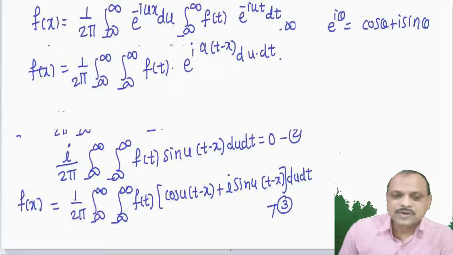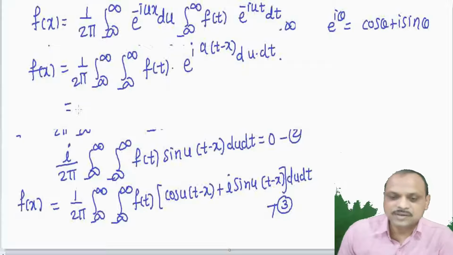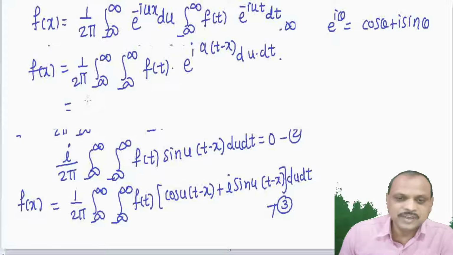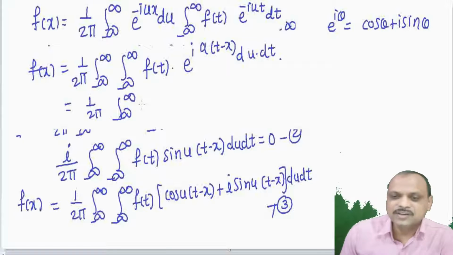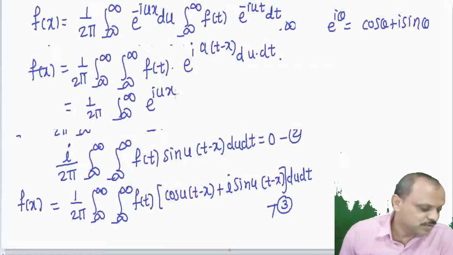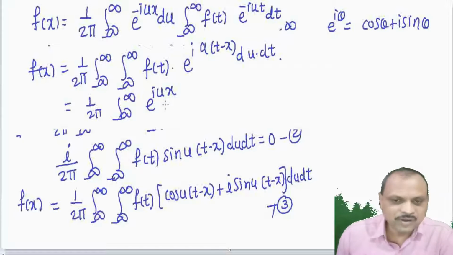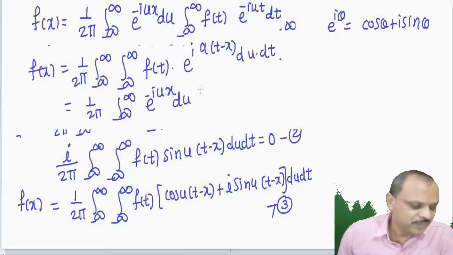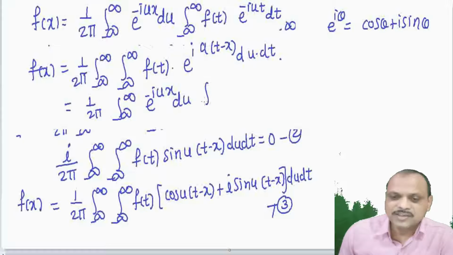right? So now we can write it as 1 divided by 2 pi integration minus infinity to plus infinity, separating the terms of u, e raised to i u x, e raised to i u x with minus sign into du, and what is remaining here, integration minus infinity to plus infinity f of t into e raised to i u t into dt.